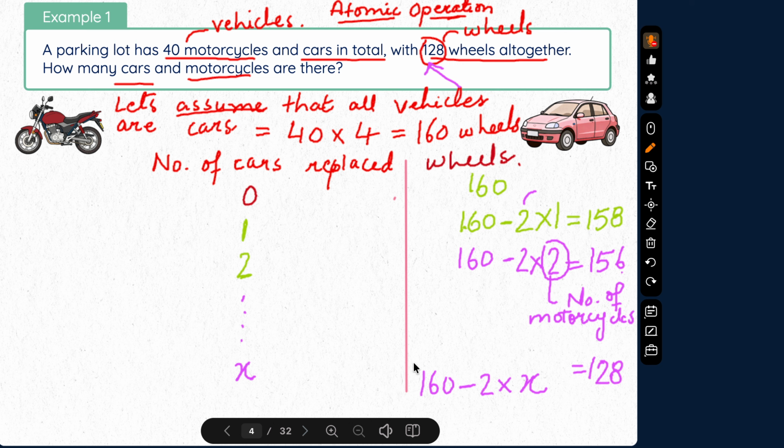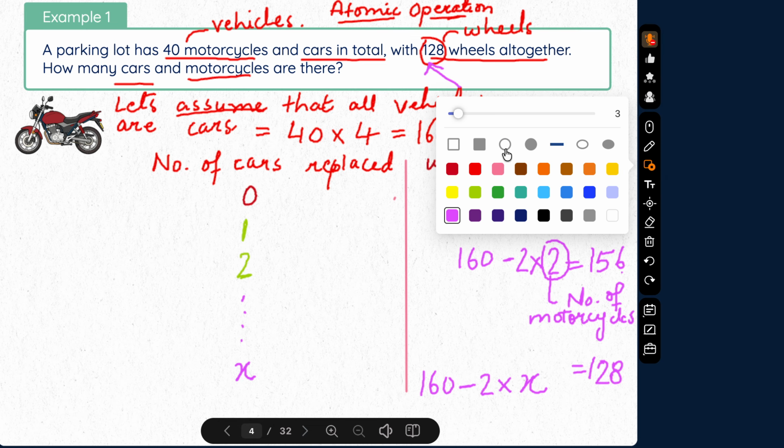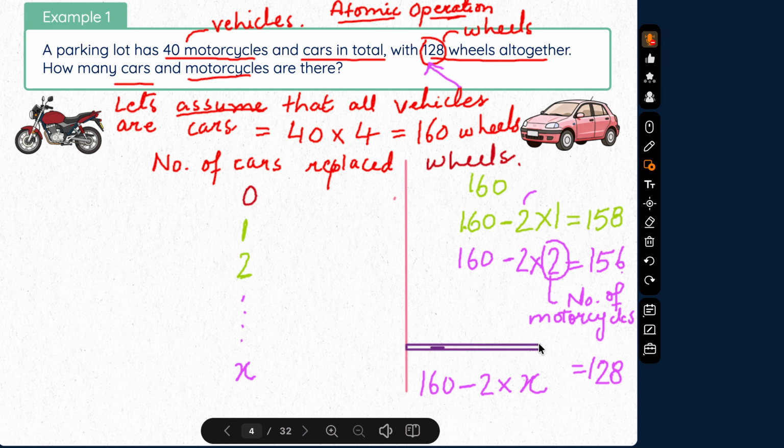You can solve this particular equation and give me the answer.